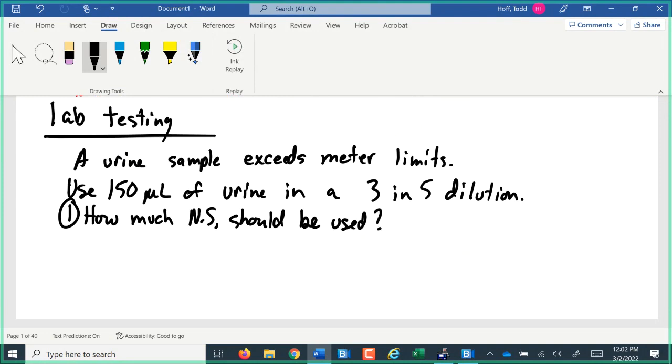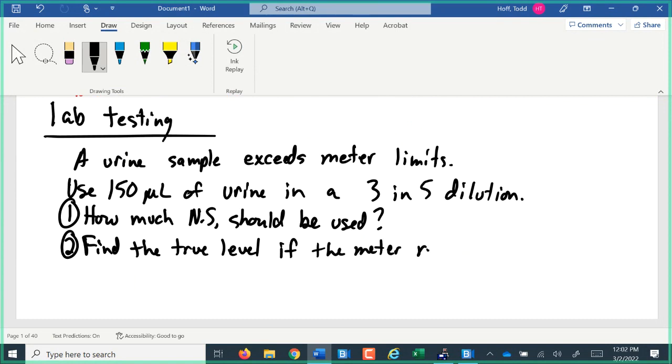And the second question I'm going to ask: find the true level if the meter now reads 130 milligrams per deciliter. So two things that we have to do here.